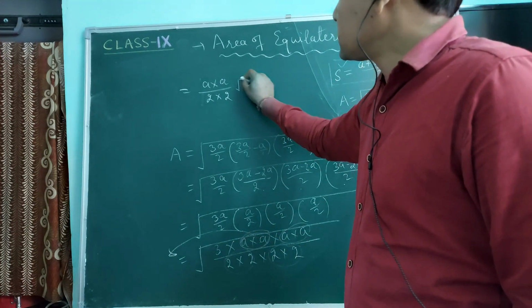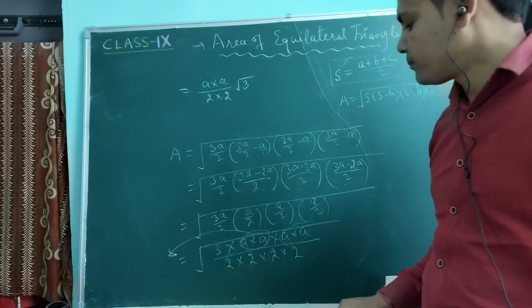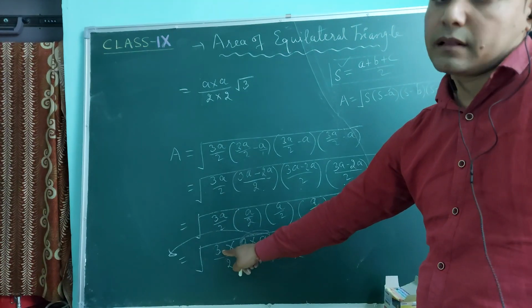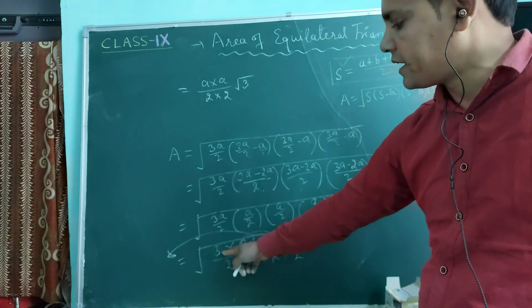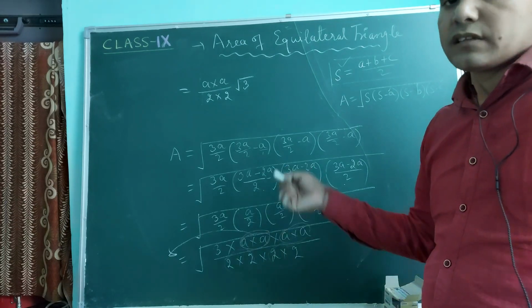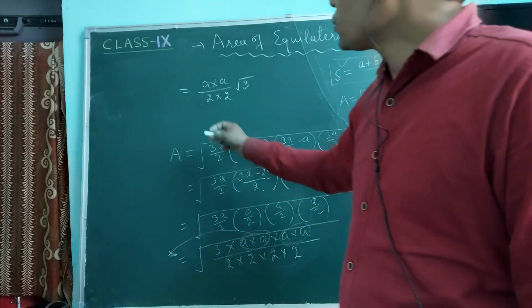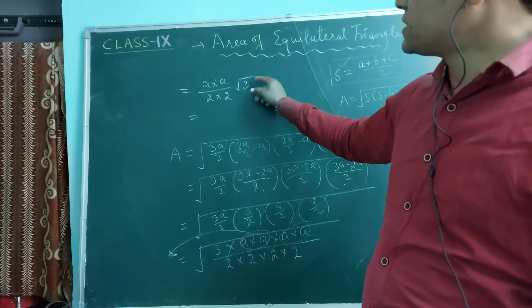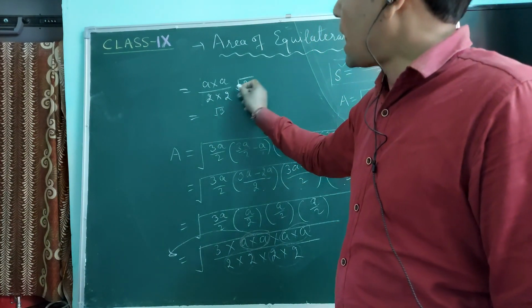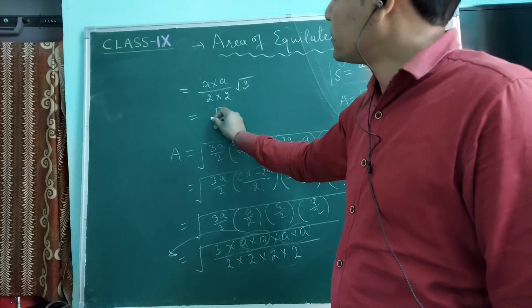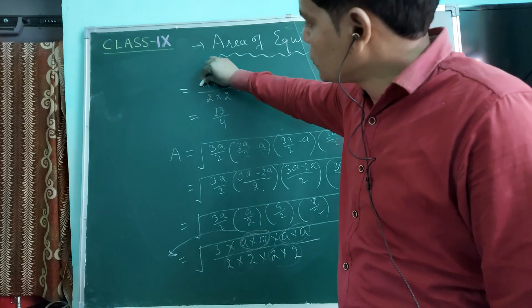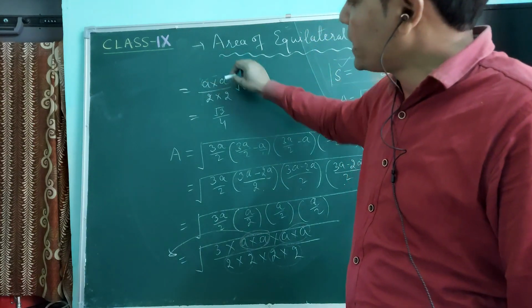But this root 3 is remaining inside, because it is unpaired, there is no pair of 3, that's why it remains inside the under root sign, or you can say square root sign. So now you can simplify this: root 3 is the same, and 2 into 2 becomes 4 in the denominator.